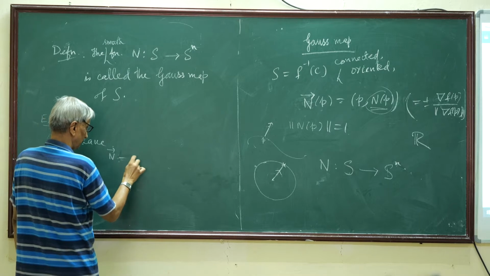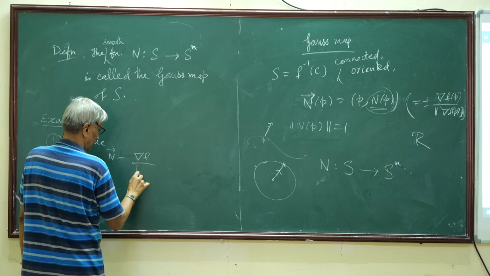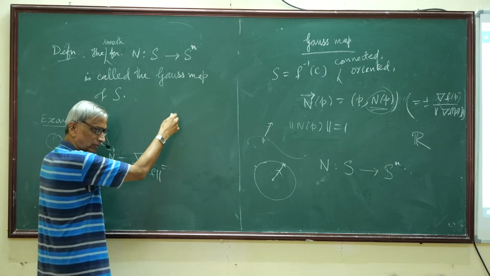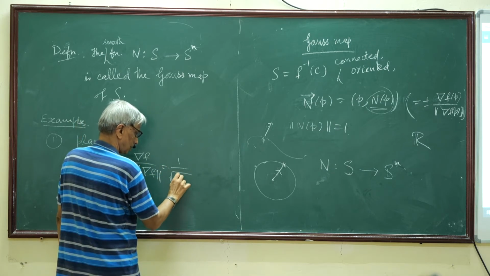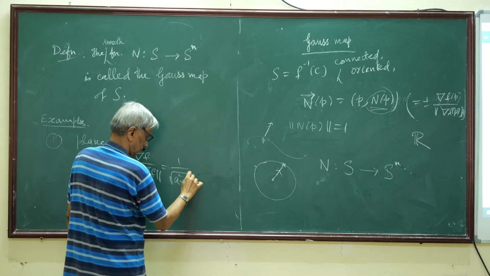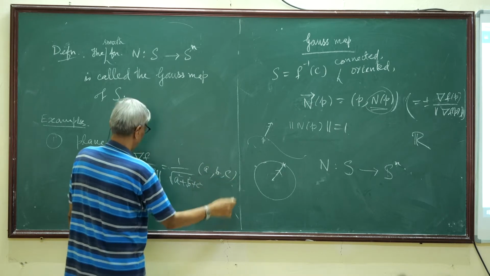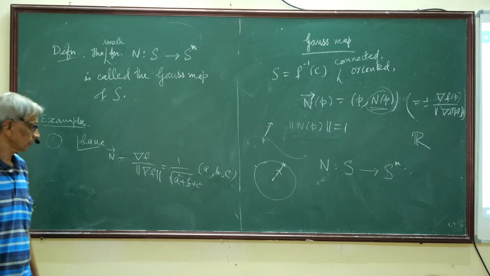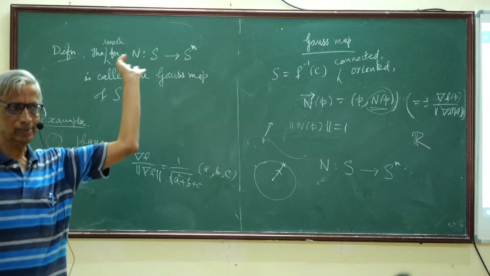I'll forget the point P, okay? So this is, with the earlier notation ABC, right? 1 over... so in this case the function is a constant function.